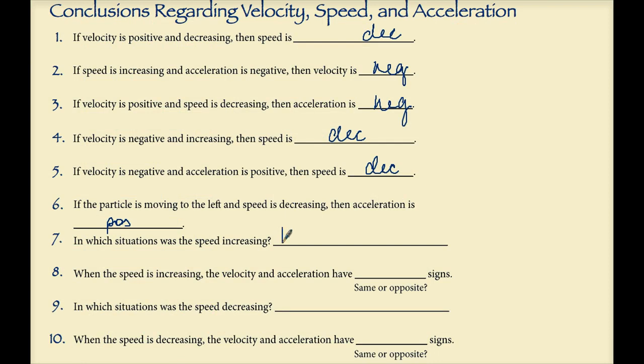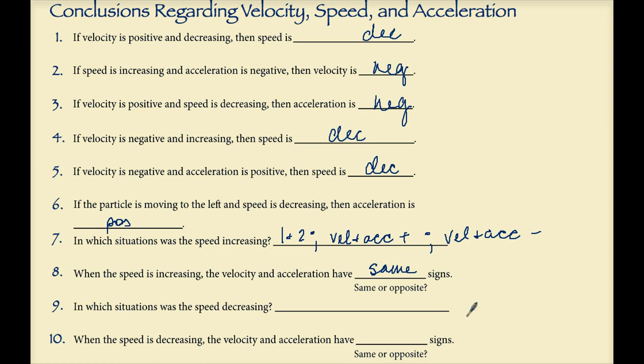So our answer, in situations 1 and 2, or when velocity and acceleration positive, or velocity and acceleration negative. When the speed is increasing, then, the velocity and acceleration have same signs.